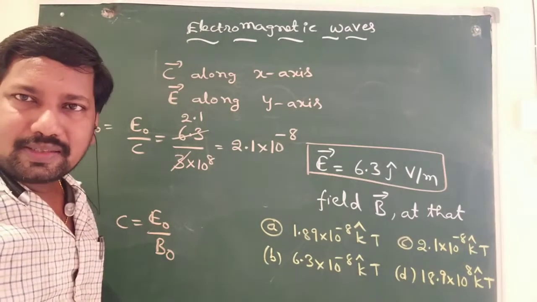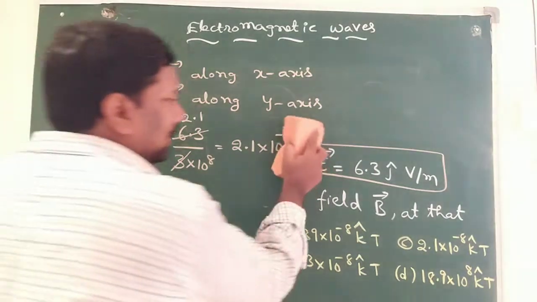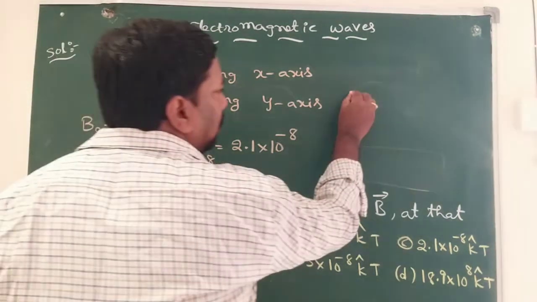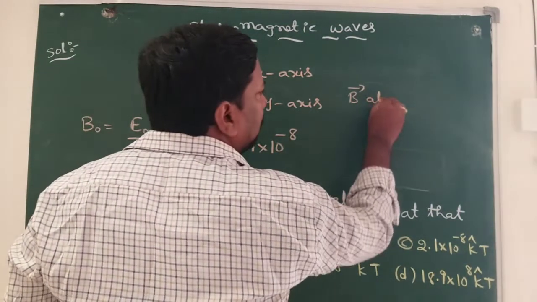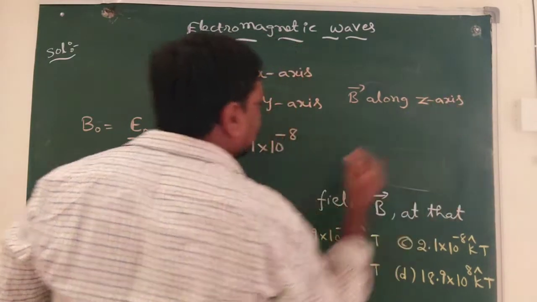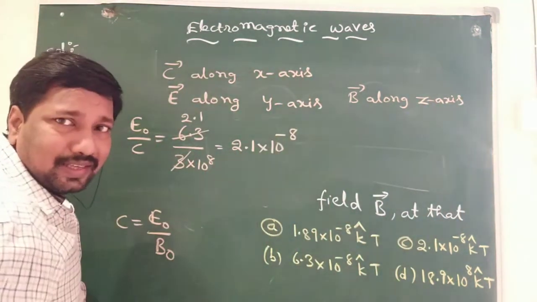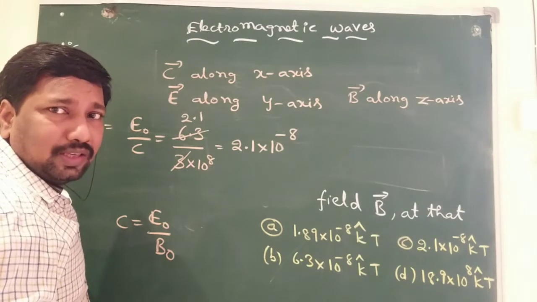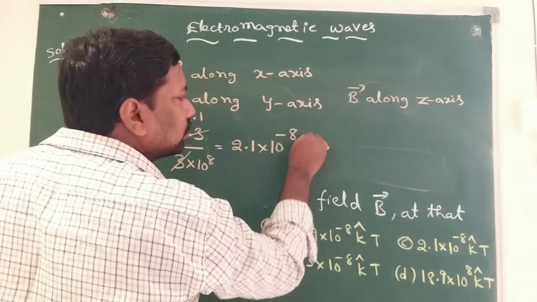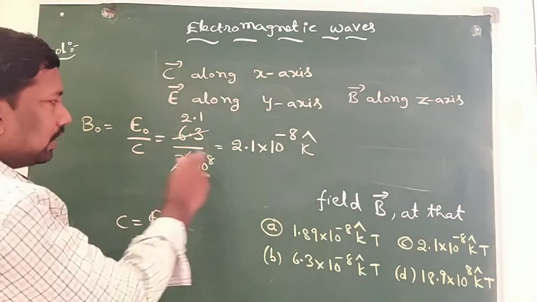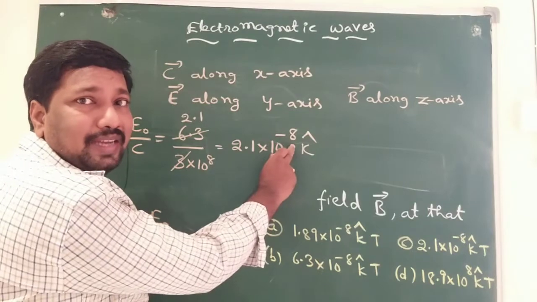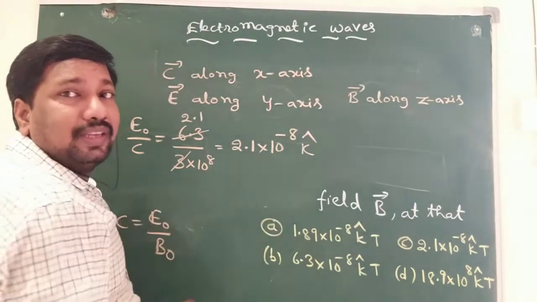Now its direction is along the z axis, so B bar is along the z axis, and the basic unit vector along the z axis is k cap. So B naught equals 2.1 into 10 power minus 8 k cap Tesla.